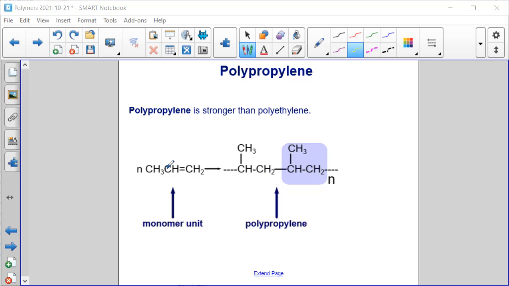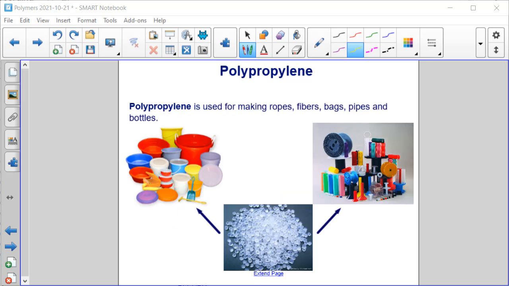So there's 3 carbons, right? So 1, 2, 3, 1, 2, 3, connected by a single bond, and just repeating n number of times over and over and over again. Being stronger, polypropylene is used for making ropes, fibers, bags, pipes, and bottles. You can see some examples on the screen.